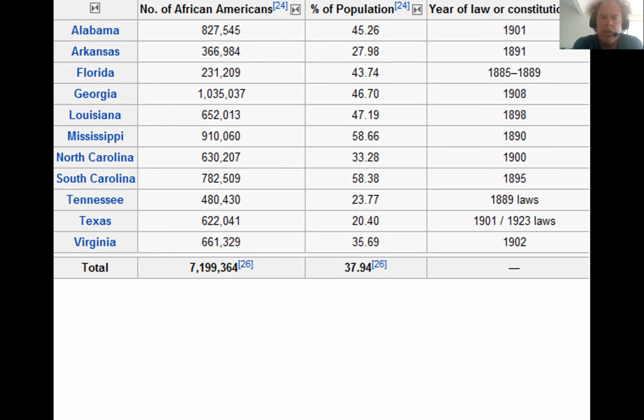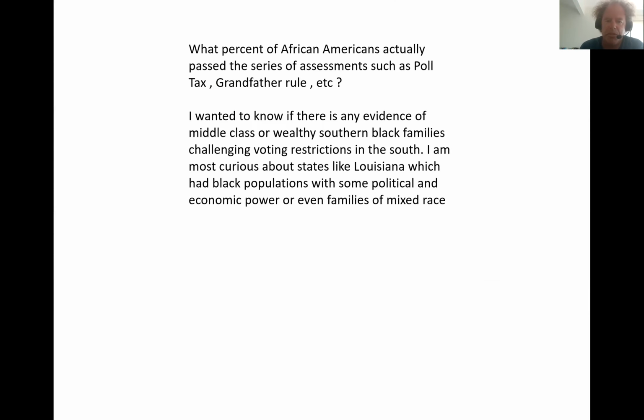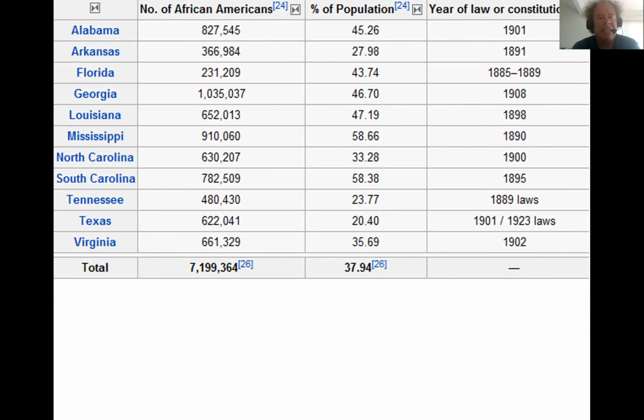One other thing that's important to keep in mind with regards to these restrictions, relating to the first question of what percent of African Americans actually passed the series of assessments, is that there was also in each of these states a chunk of white voters who would not pass the assessments.